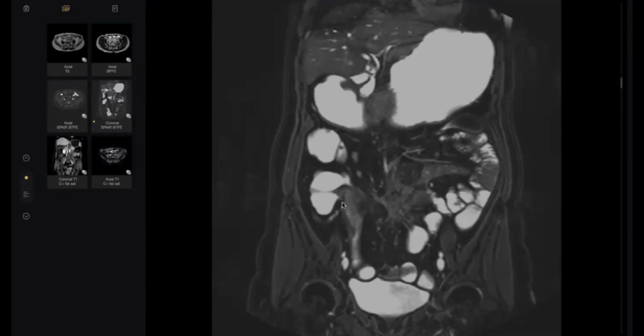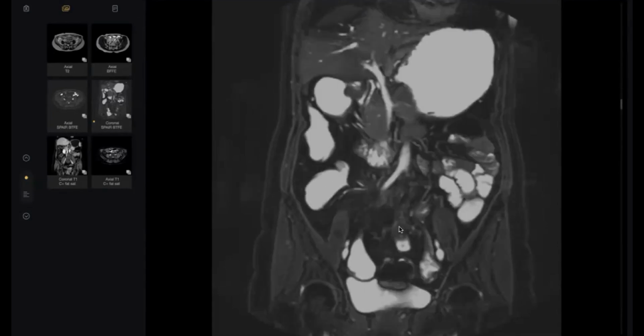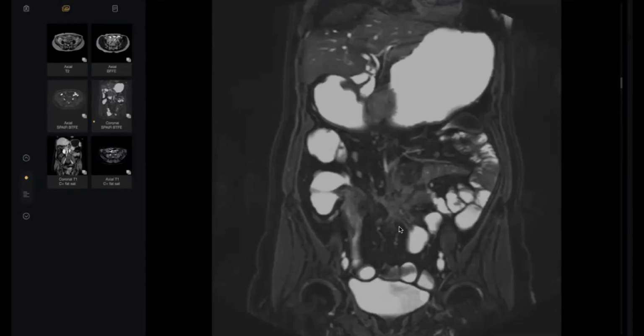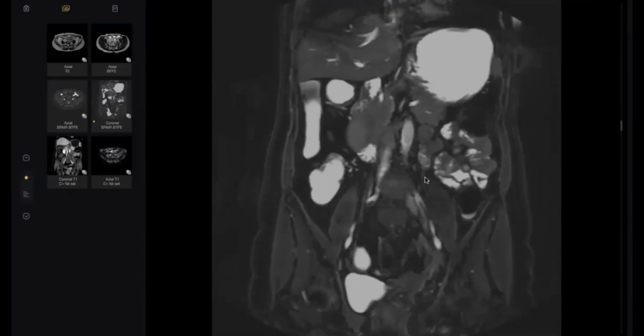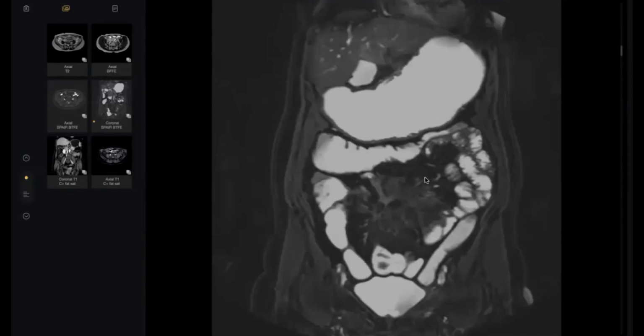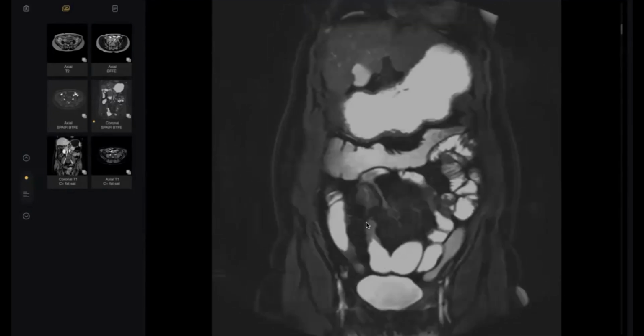But look, see, this is thickening, okay? And this is thickening. This is many discontinuous thickening. What is the name of this discontinuous thickening or inflammation?